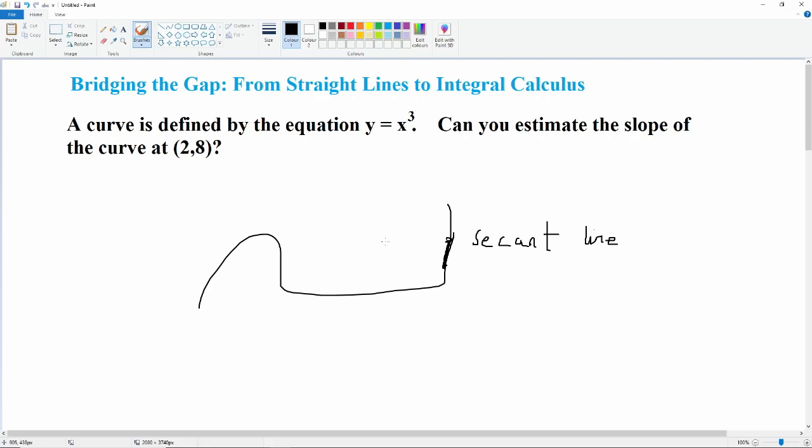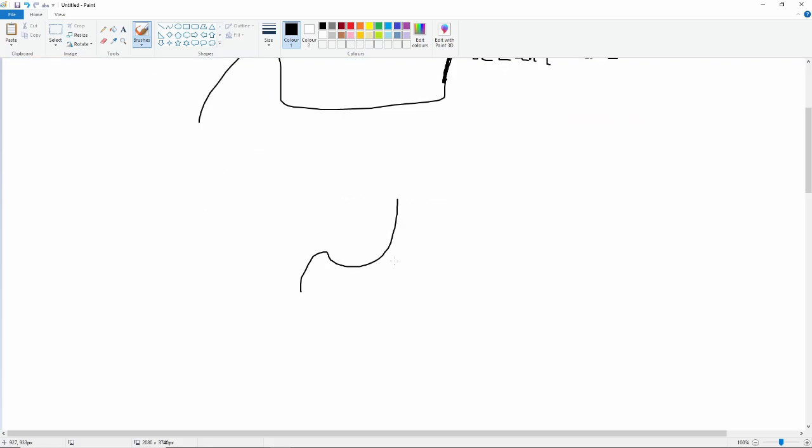If we can get a line that touches the curve in exactly one place and the slope of the curve is exactly parallel at that particular point, that would be the slope of the curve, and that's called a tangent line because it touches in exactly one place. But to get a tangent line would be very, very difficult.